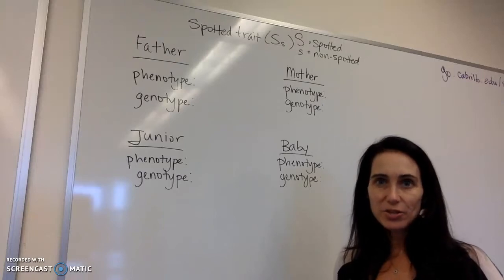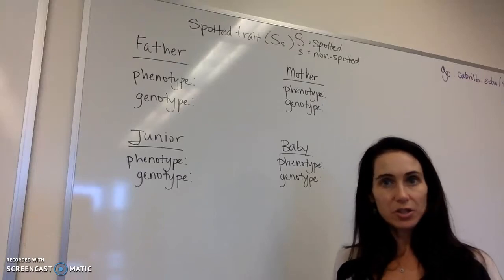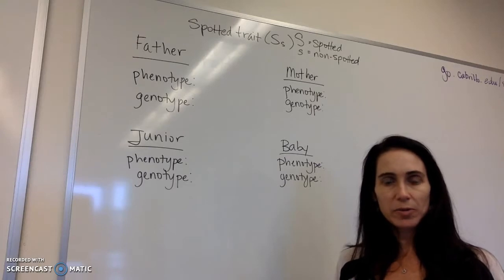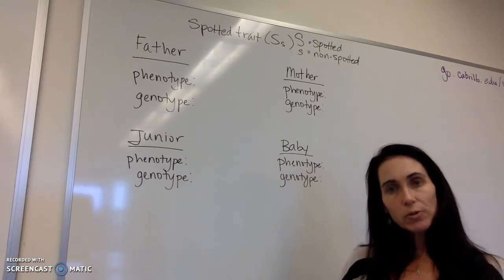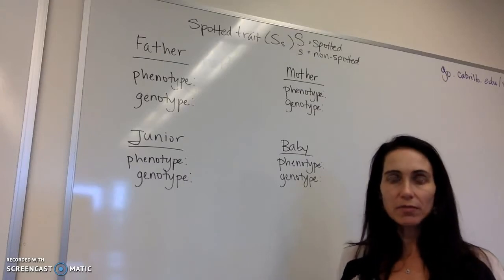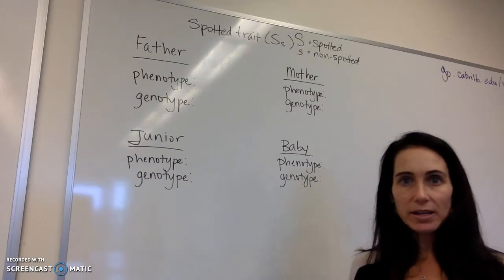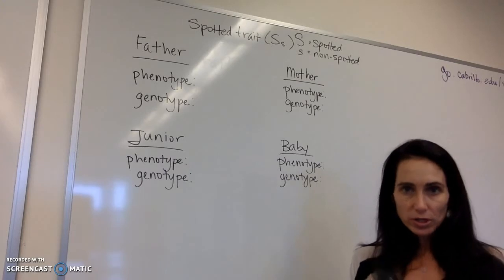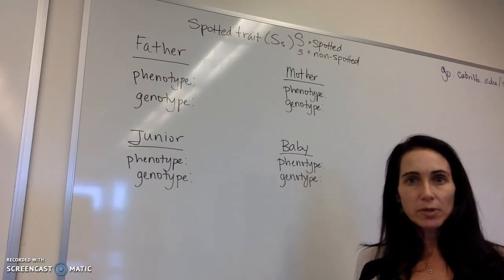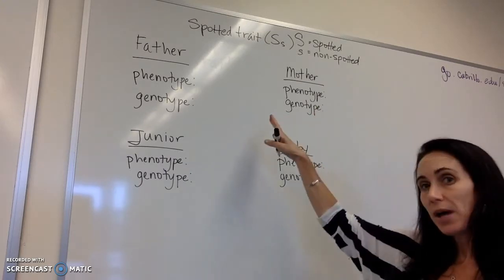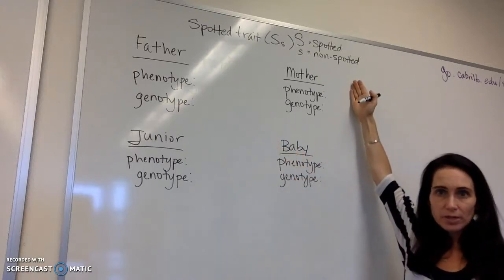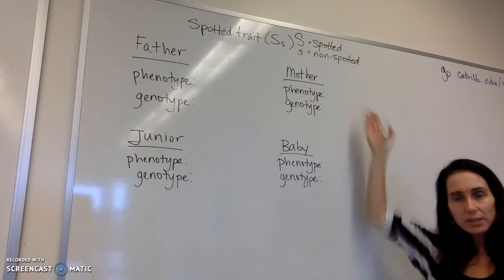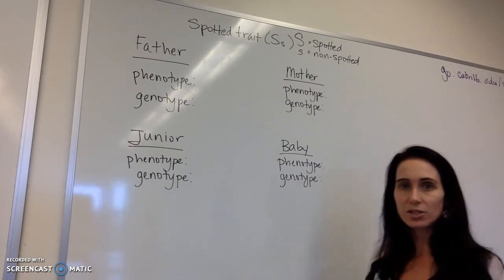Now, on page 2, you're dealing with some intergenerational data. So we've got the parents and we've got the offspring, and we're kind of working backwards based on the information that is provided. So on question number 3, it's giving you information that we're working with the spotted trait. So again, dominant allele is for the spotted condition, recessive allele is for the non-spotted condition.